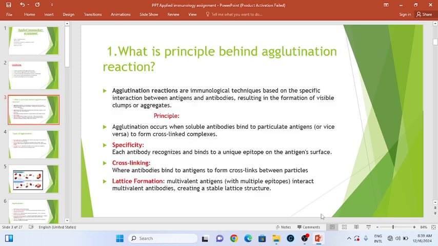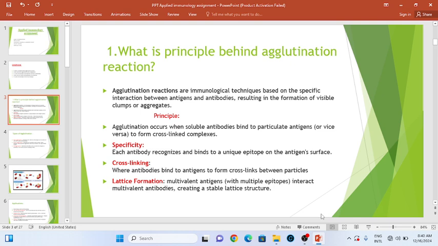Let me start with question 1, which is asking about the principle behind agglutination. First of all, an agglutination reaction is a technique based on a specific interaction between antigen and antibody to make a complex and result in the formation of visible clumps or aggregates. This agglutination depends on three principal reactions, where one is specificity.